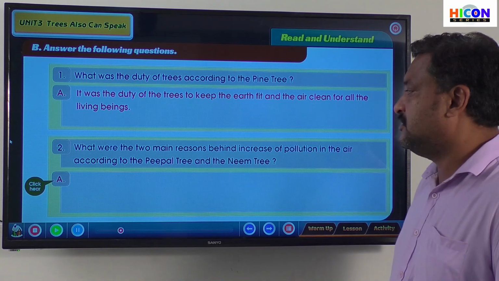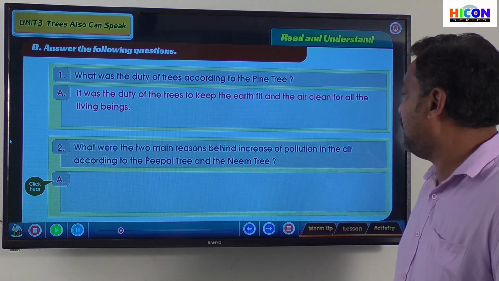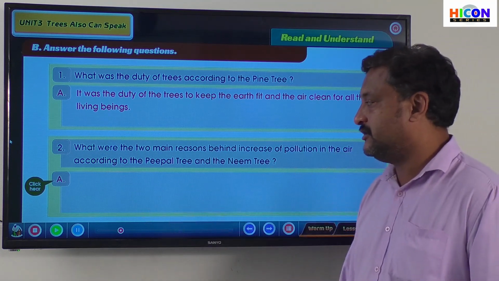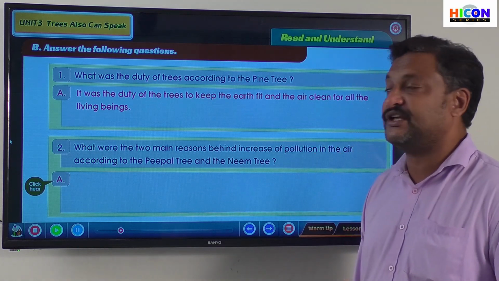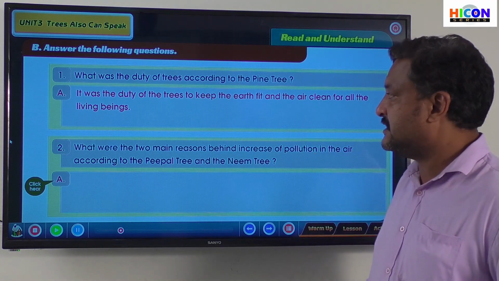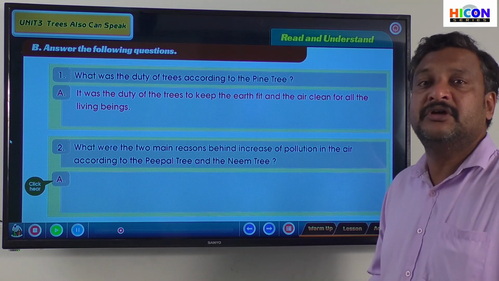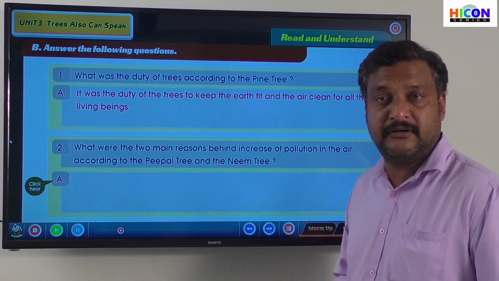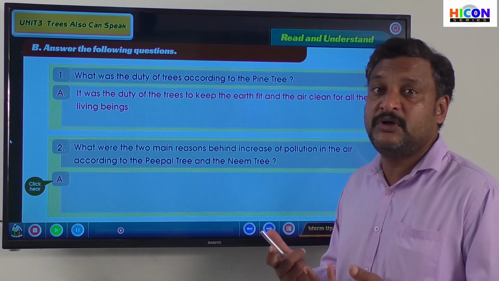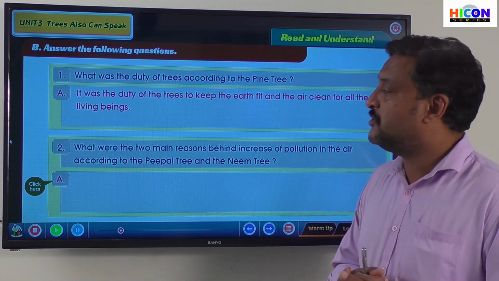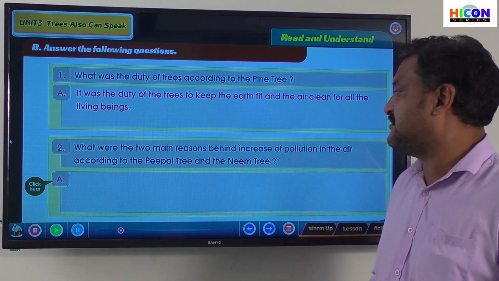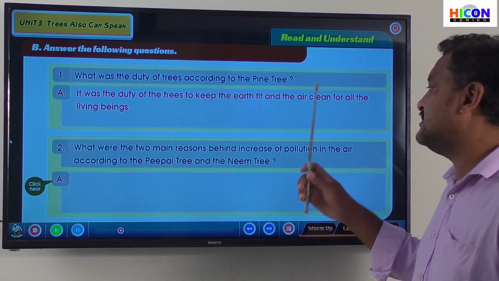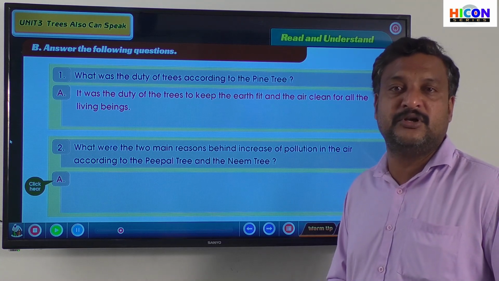What were the two main reasons behind increase of pollution in the air according to the peepal tree and the neem tree? So they discussed about these things also, no? Yeah, the amount of carbon dioxide has gone up in the atmosphere, and that is polluting the air, right? So when they are discussing about these things, they said two main reasons behind the increase of pollution.